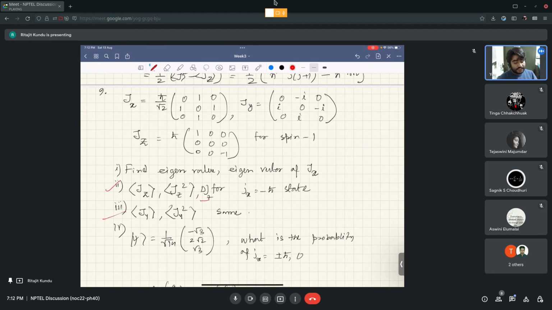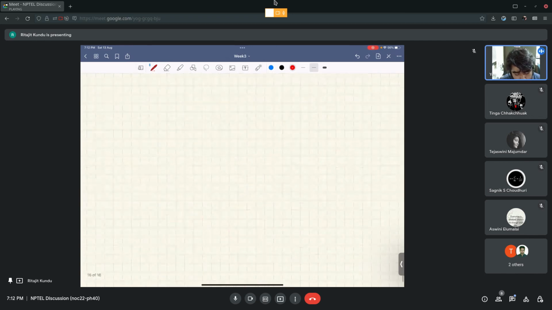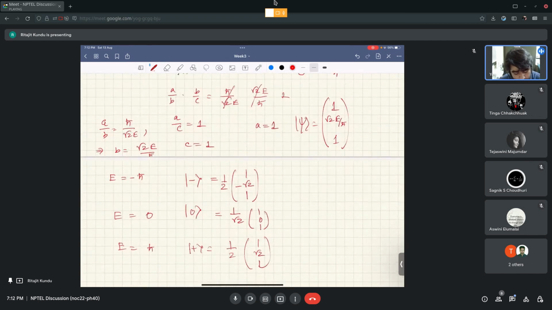Because you know all of the states, and you are asked to do the calculation for the Jx equal to minus h bar state. That means you have to calculate the expectation values for this state. So you will calculate Jz, Jz square, and also this delta Jz for this minus state, and do the same calculation for Jy as well.